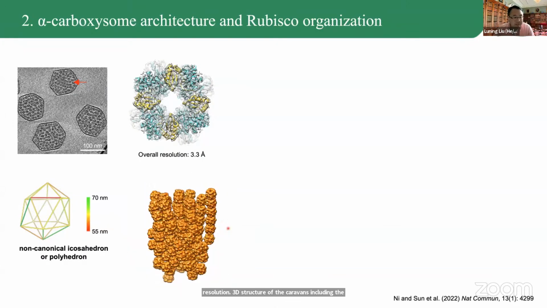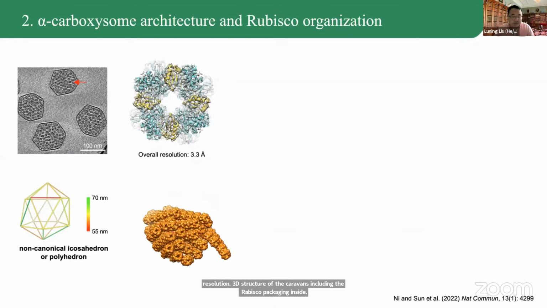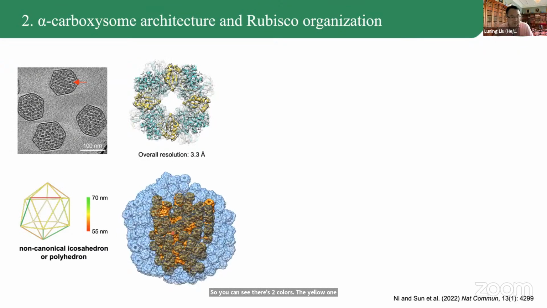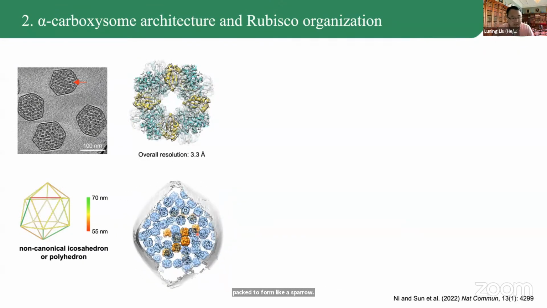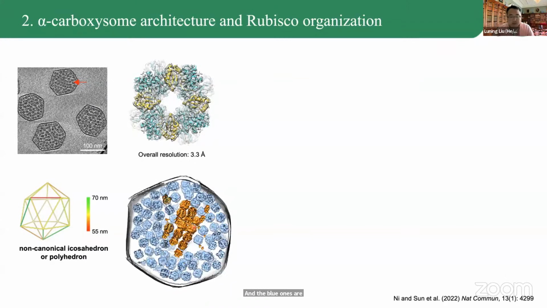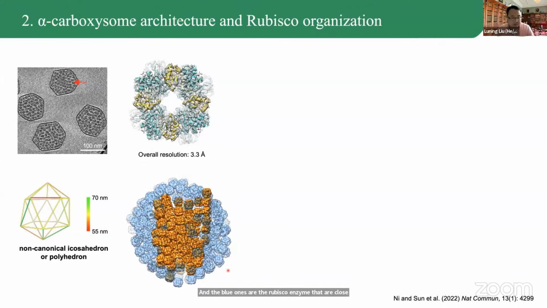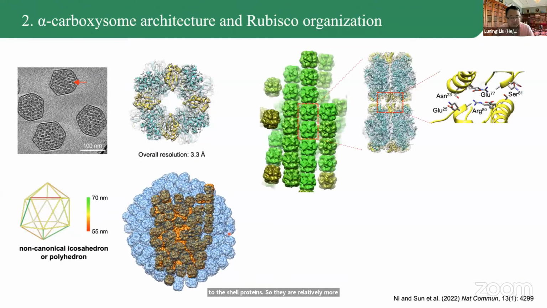The yellow one indicates the central Rubiscos that are densely packed to form a spiral structure. And the blue ones are the Rubisco enzymes that are close to the shell proteins, so they are relatively more randomly distributed in the carboxysomes.